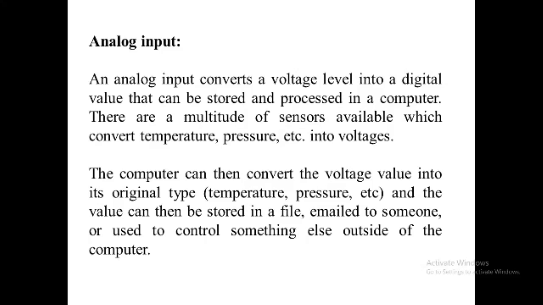Analog outputs convert the digital value from a computer into a variable voltage level presented on an output terminal. This provides an adjustable output. This can be used to control the speed of a motor, light brightness, etc.